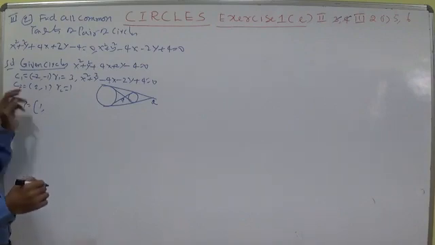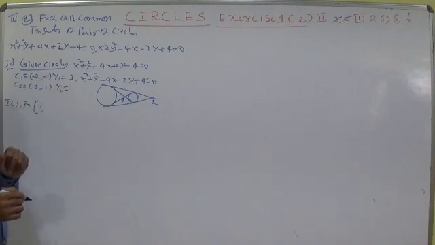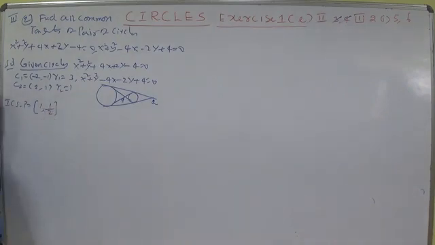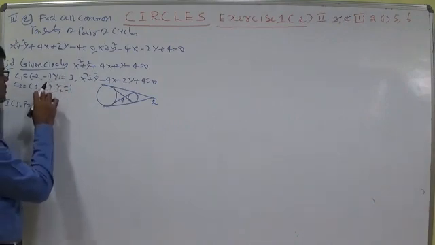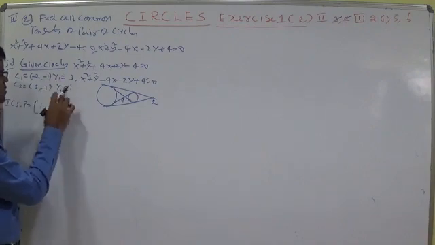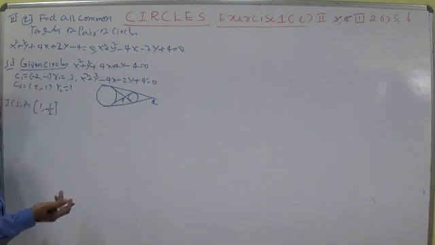Next, R1 y2 plus R2 y1: 3 into 1, 3, plus 1 into minus 1, 3 minus 1, 2, 2 by 3 plus 1, so it is 1 by 2.